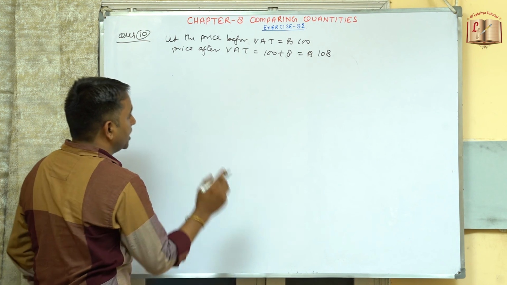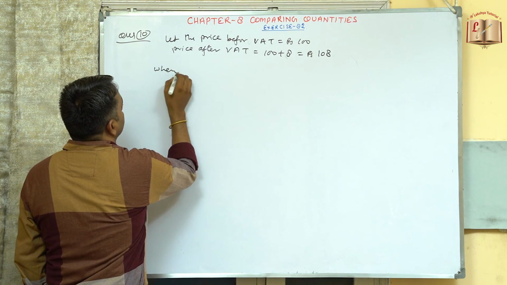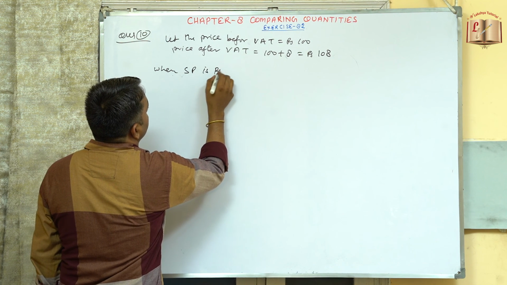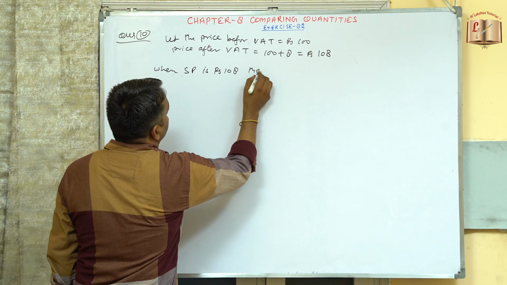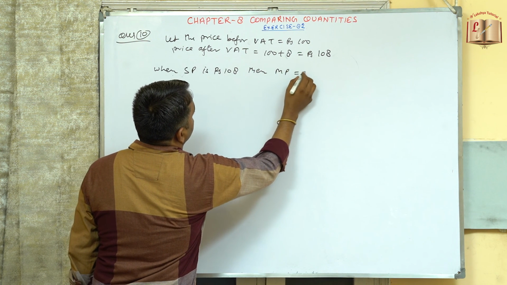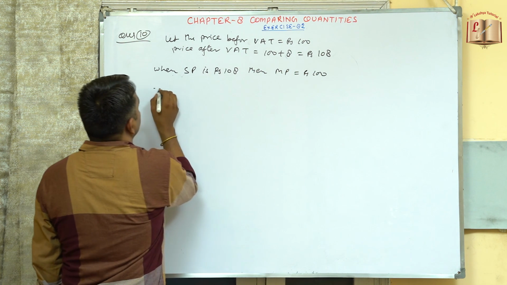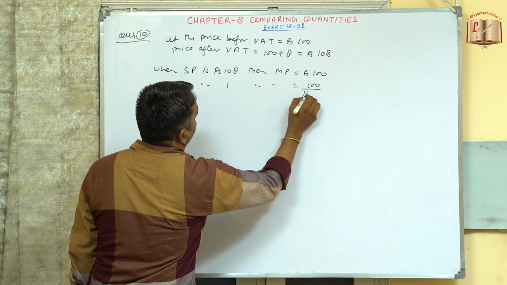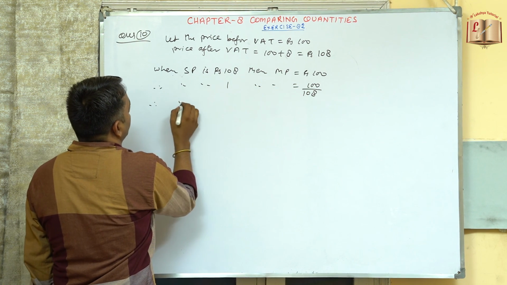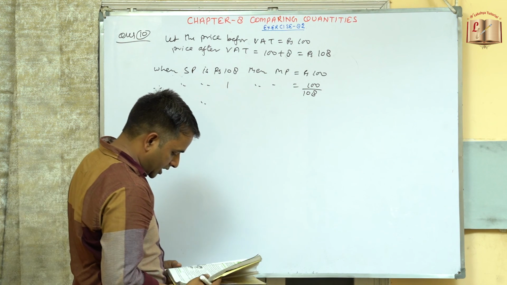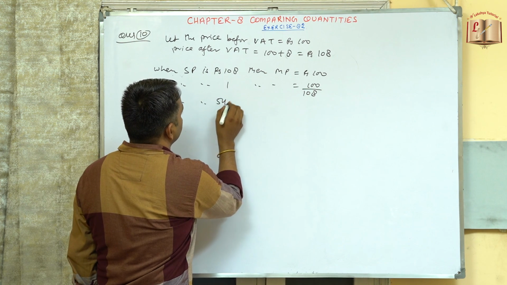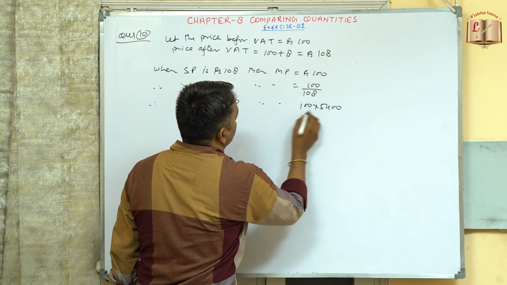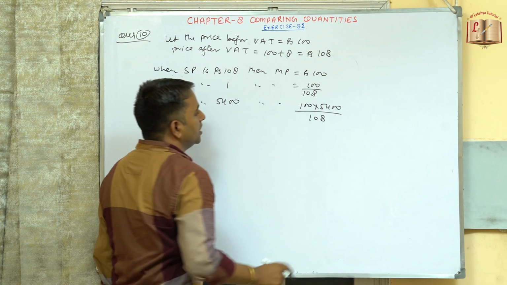So when SP is rupees 108, then market price is equals to rupees 100. So when the SP is 1, then market price will be 100 divided by 108. So when the SP is now given as 5400, it will be now 100 into 5400 divided by 108.